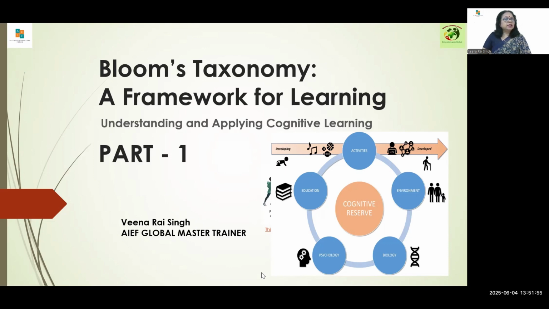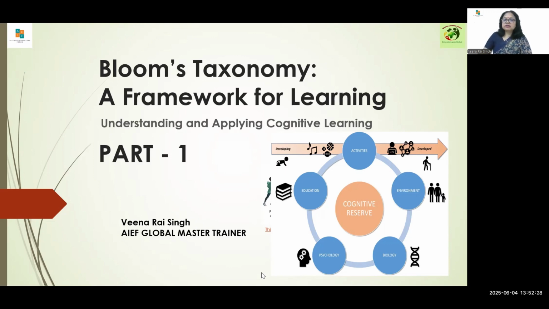We will together learn and understand this tool, which is becoming very popular in the present context when we are talking a lot about National Education Policy 2020. So, friends, let's understand why we are here.